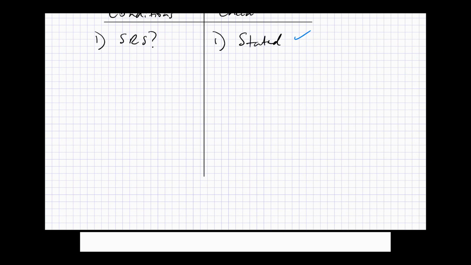Next one is the 10% condition. Our sample has to be big enough, that's number 3, but small enough that it doesn't go over 10% of the population. So n has to be less than or equal to 10% of big N. Let's see, small n, we know that number.